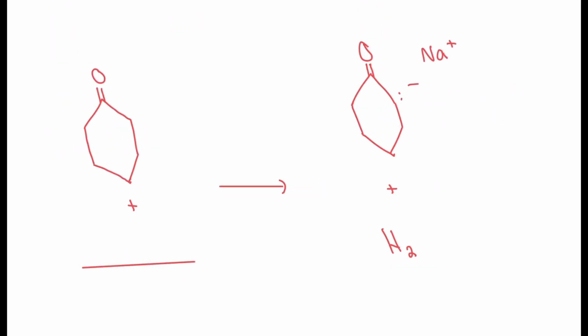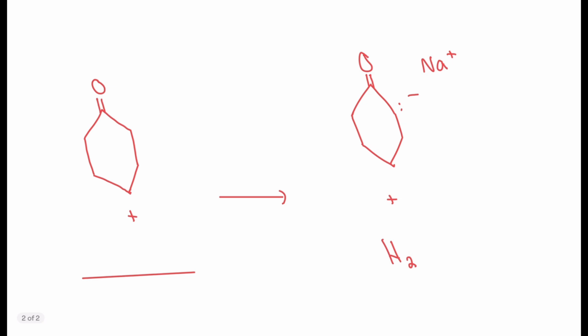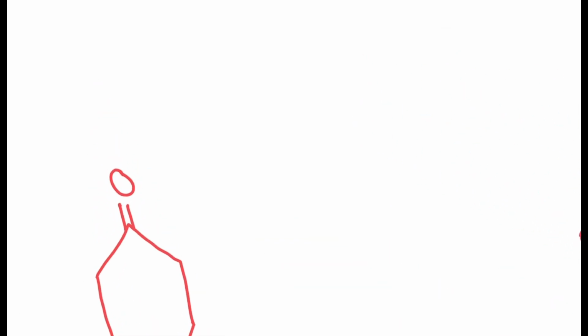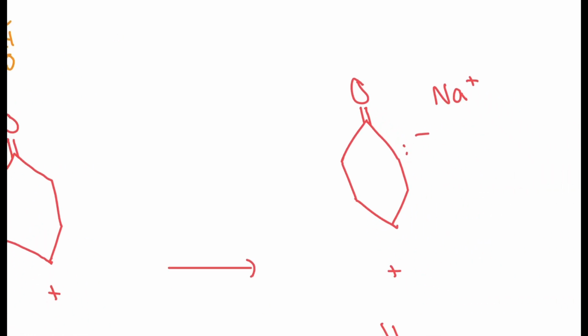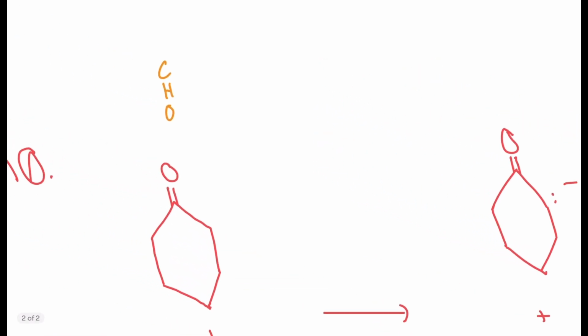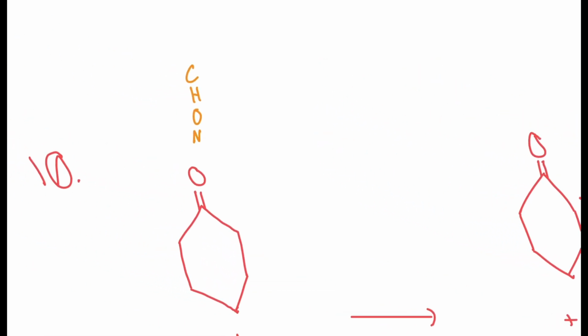Is that right? So in this problem, we have to figure out what is missing on the reactant side, the reactant side being over here. The product side is this. The easiest way of going about this, as stated before, is to count how many carbons you have, how many hydrogens, how many oxygens, and over here we have sodium.